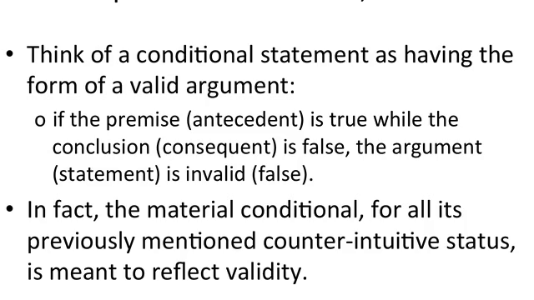We know that an argument is invalid when the premises are true and the conclusion is false. Similarly, when the antecedent's true and the consequent is false in a conditional claim, the conditional claim as a whole is false. So in formal logic, we use this notion of validity to inform the truth values of the horseshoe.